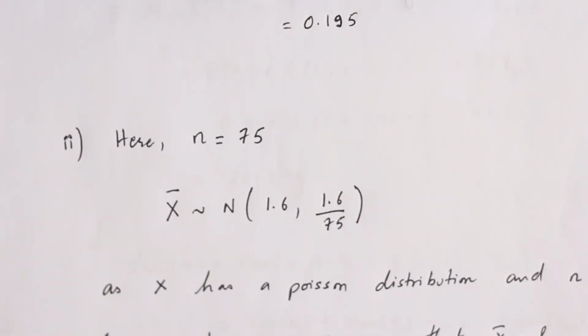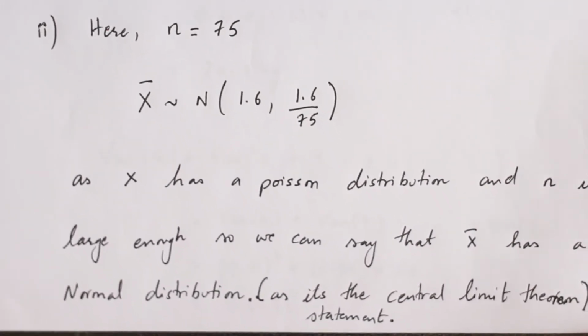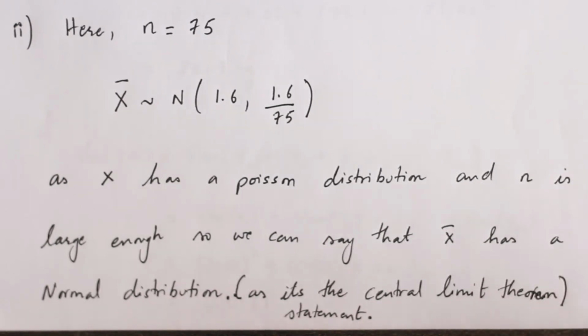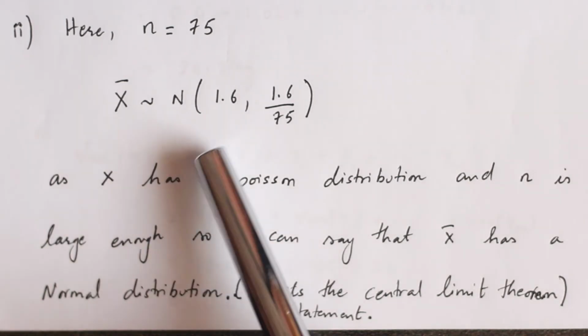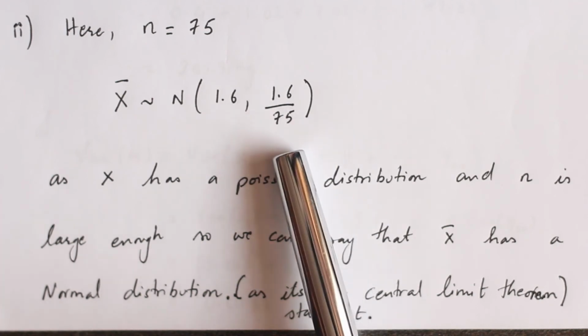Okay, so now in question number 2, we are asked to approximate the distribution of the sample mean. In this case the approximation would be a normal distribution with a mean of 1.6 and a variance of 1.6 over 75.